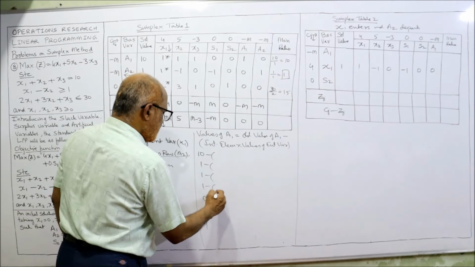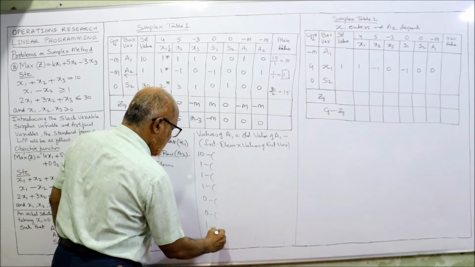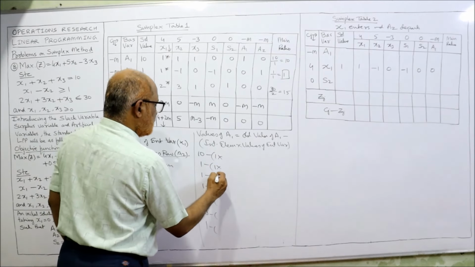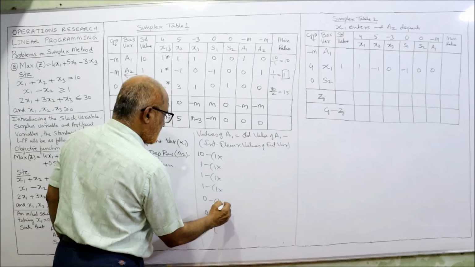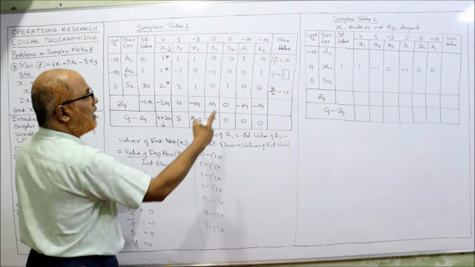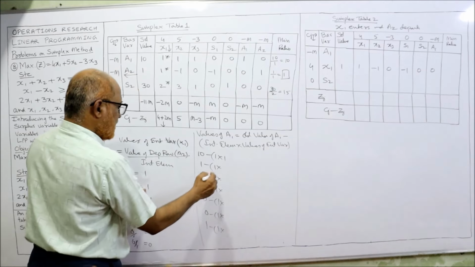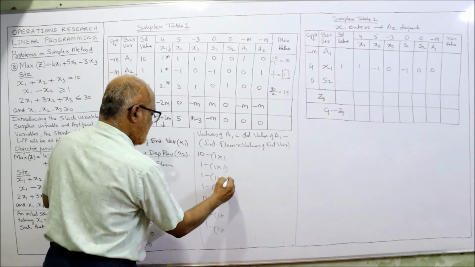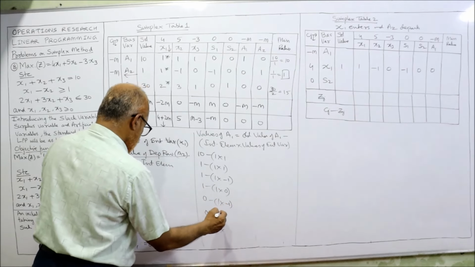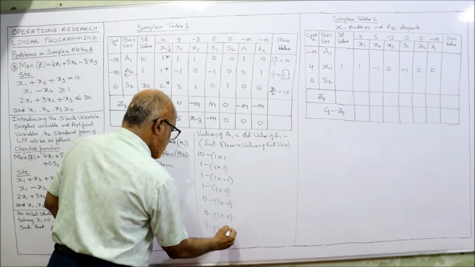Minus intersectional element of A1, which is 1, into values of entering variable: 1, again 1, minus 1, 0, then minus 1, then 0 and lastly 0.